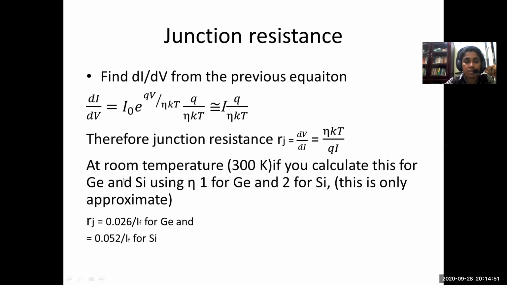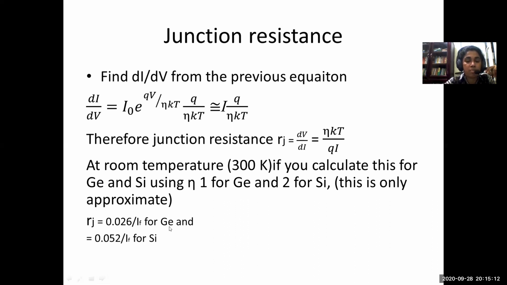And here, if you substitute all those values, you will be able to find out Rj separately for germanium and silicon at room temperature. To further simplify it, at room temperature, you will get these values if you substitute all these constants and assume 300 Kelvin to be room temperature.